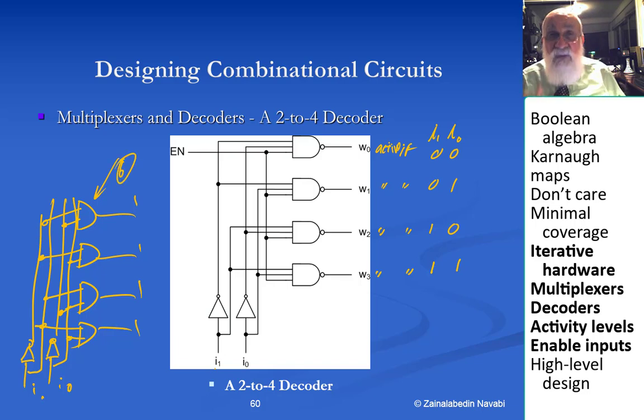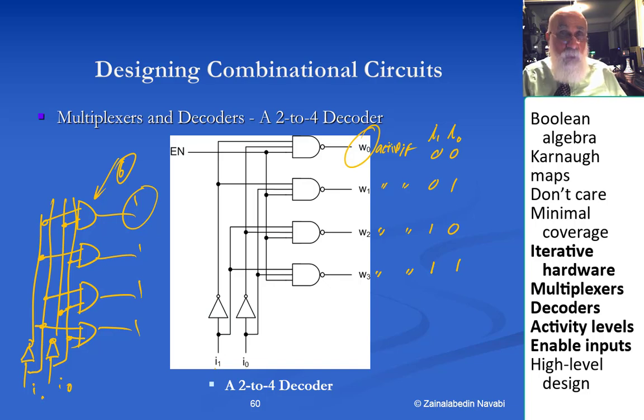Instead of using 6 transistors and using AND gates, I'm going to use NAND gates with one difference. Here, instead of saying 0, 0 will turn this one to 1, I will say 0, 0 will make this output active. But then active is low. Inactive is 0. I'm sorry. Active is 0. Inactive would be a 1.